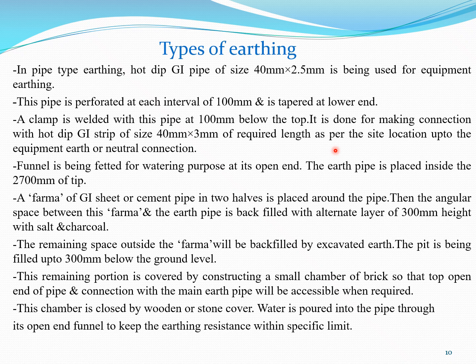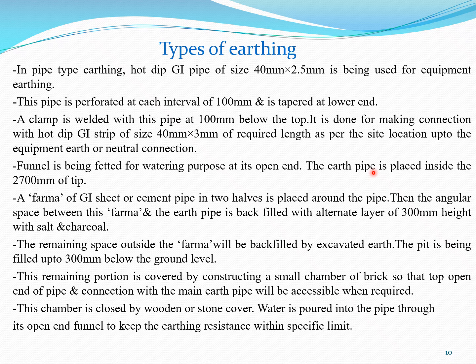A farma of GI sheet or cement pipe with two holes is placed around the pipe. Then the annular space between this farma and the earth pipe is backfilled with alternate layers of 300 height of salt and charcoal. The remaining space outside the farma is backfilled by excavated earth. The pit is filled up to 300 below the ground level.